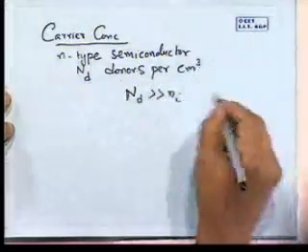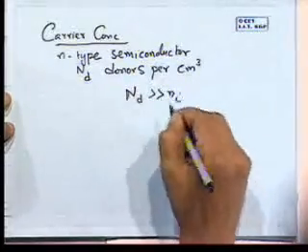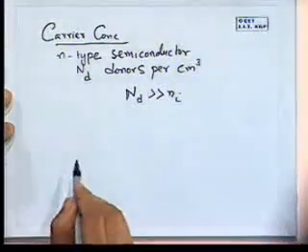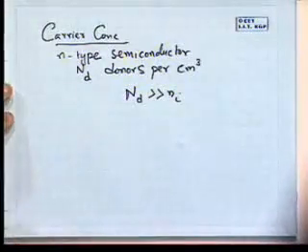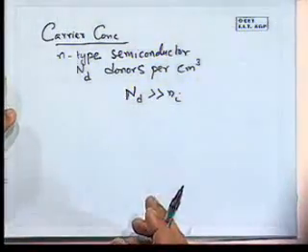In other words, the properties are now dominated by the donor behavior and not by the intrinsic behavior of the material. And what we are going to do is to begin at extremely low temperatures and try to track how these donors get ionized and what might be happening to the material as a whole, in terms of both the ionization of the donors as well as the thermal generation of electron-hole pairs.